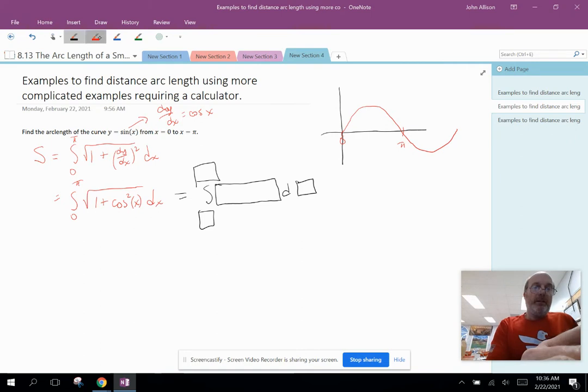So we're going to type in there 0 to pi, 1 plus, and when you type cosine squared x in the calculator, it gives you cosine, opens up parentheses, you put in the x, close parentheses, then you square that. This is the calculator syntax.